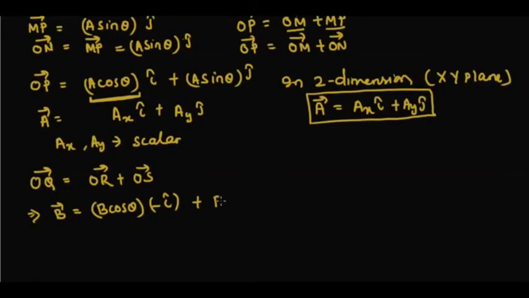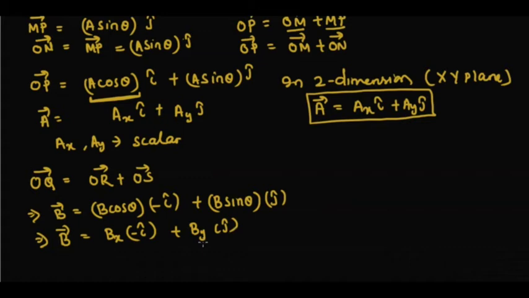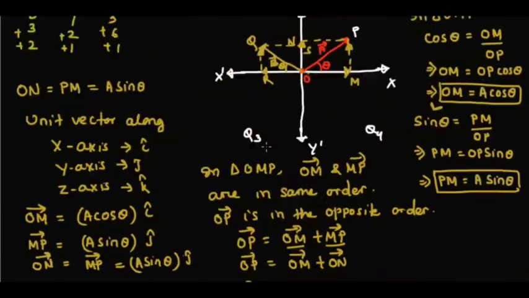So you can write B sin theta and the direction is along j cap. So B vector is equal to B cos theta, which is Bx, into minus i cap plus B sin theta, which is By, into plus j cap. So you can see that in the second quadrant the x component is along the negative x direction and the y component is along the positive y direction.